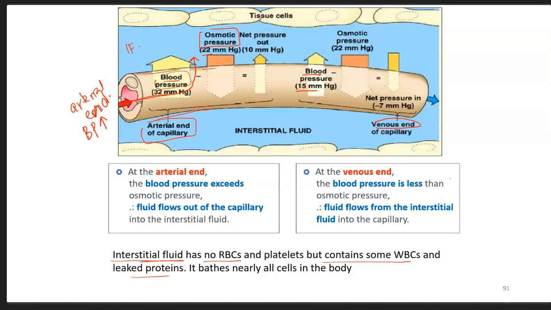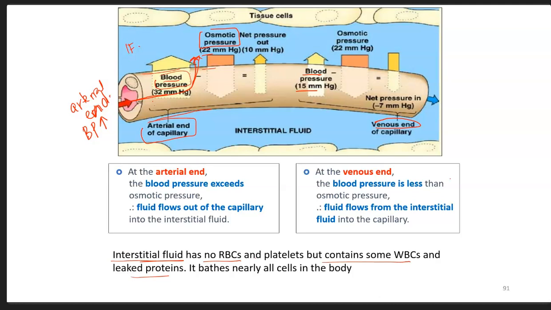The high blood pressure, which is higher than the osmotic pressure outside, causes fluid to move out into the interstitial fluid. But the interstitial fluid osmotic pressure is maintained from the arterial end to the venous end, it is still 22 millimeter mercury.